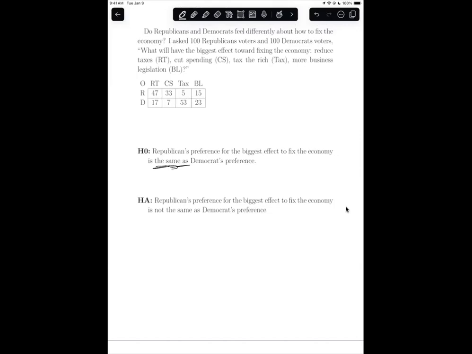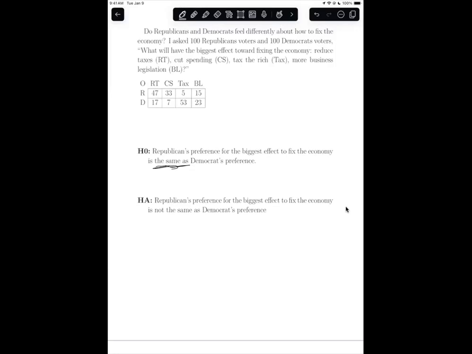It's not that the number of people who want to reduce taxes and cut spending is the same, but if Republicans want to reduce taxes the most, then Democrats also want to reduce taxes. So whatever that preference is, it is the same for Republicans and Democrats. It doesn't mean that all of the outcomes are equally likely. It just means their preferences are the same.